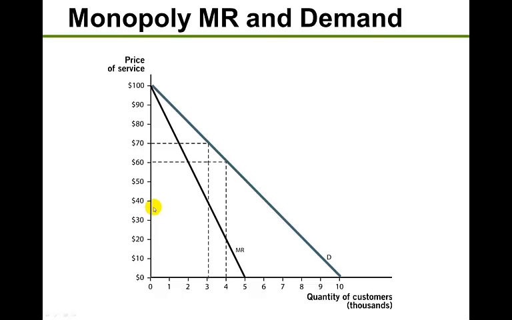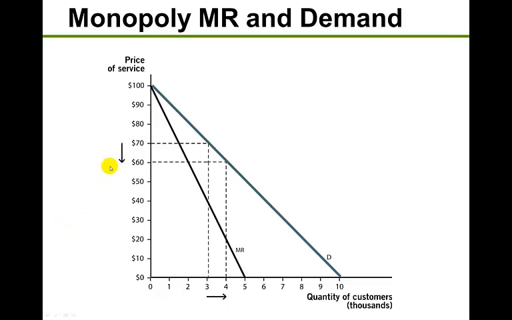If instead we charge a price of $60 and sell 4,000 units, now this rectangle here gives us our total revenue. So you can see the two effects here.